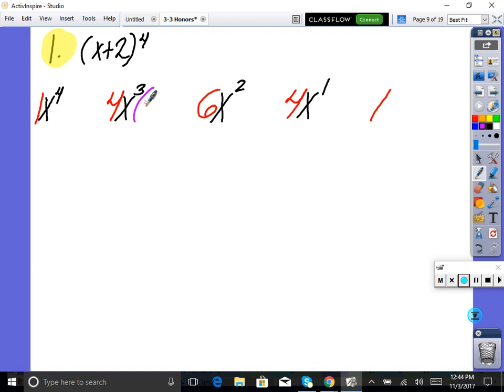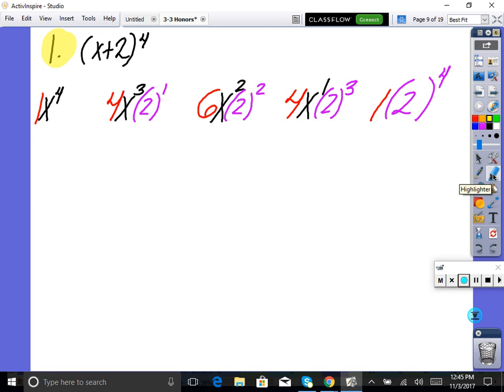But this one will be 2 to the 1st, 2 squared, counting up, 2 to the 3rd, 2 to the 4th. The next thing, to make sure you've done this correctly and not made any errors, is to check. If it's degree 4, then these should all add up to 4 in each term. Don't they? So do you see how there are so many safeguards that you almost can't miss it?